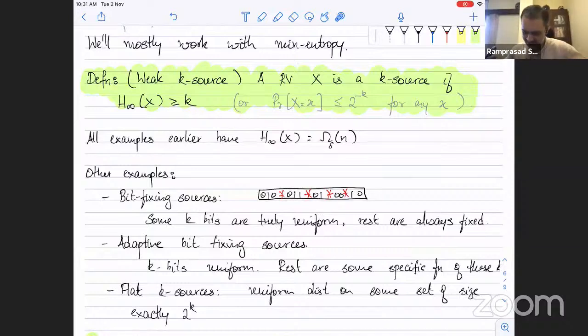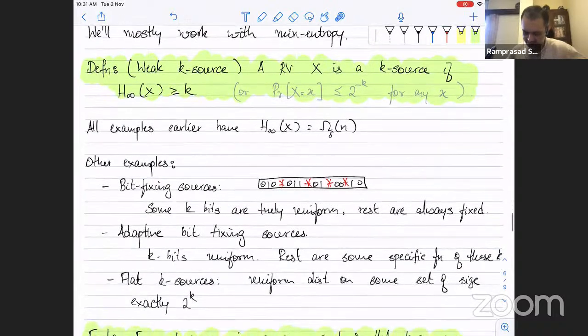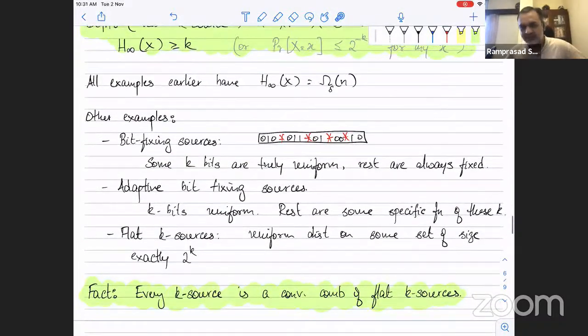These flat k sources are very important when it comes to min entropy, because it turns out that any source of min entropy is basically a convex combination of these flat k sources. This is a simple exercise, but I'm just going to take this for granted. If you're really interested in a proof, Vadhan's notes has two different proofs of this fact.